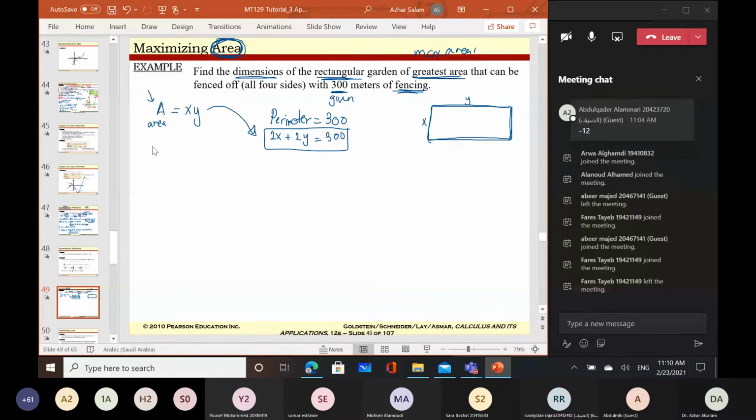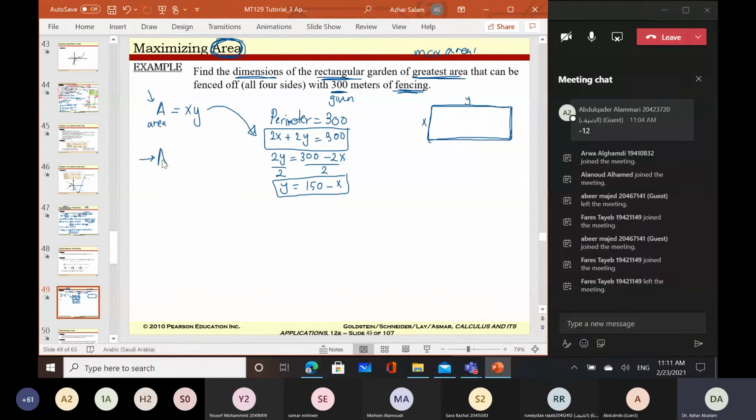From here I can find y in terms of x: y equals 300 minus 2x, dividing by 2 for both sides, so y equals 150 minus x. Okay, this is the value of y.